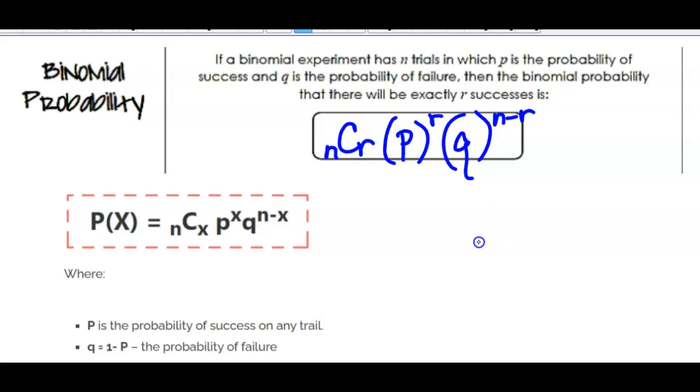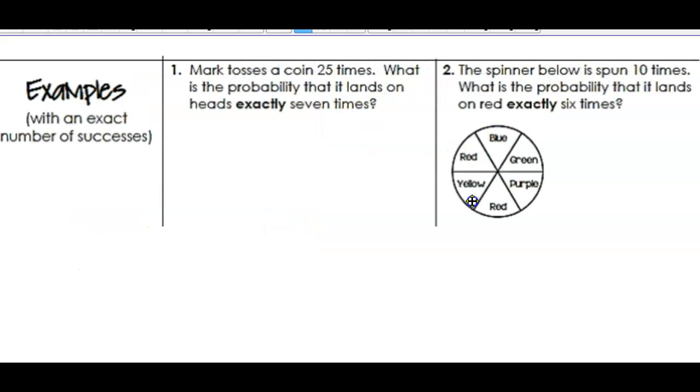That should kind of make sense if you think about that for a minute. How many different ways can I pick a card? And what's the chance of success times the chance of failure? But our calculator is going to do all this nastiness for us.